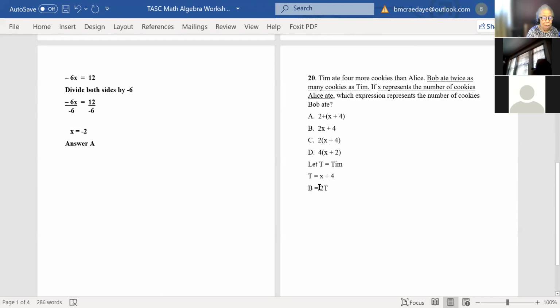Now, if Bob is equal to 2T, what would I do right here, Vanessa? B is equal to 2T. T is equal to X plus 4. What would be my next step?